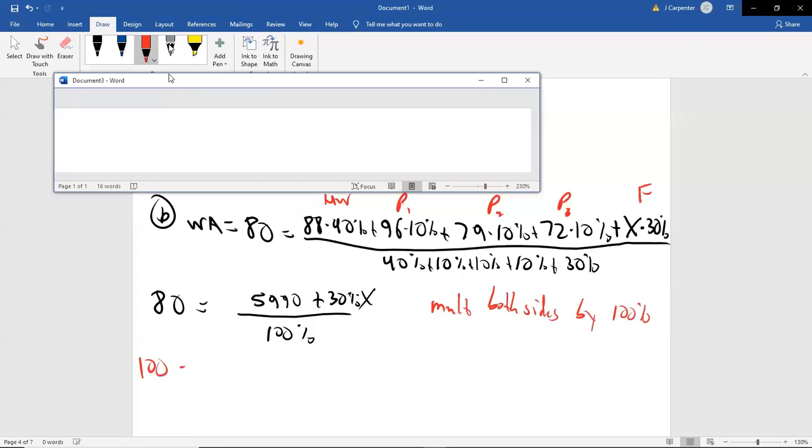So 100 on the left, 100 on the right, times the 80 equals, and then times that entire fraction, 5990 plus 30% of x, all over the 100%. And that's because things top and bottom cancel. That's why we do that step.